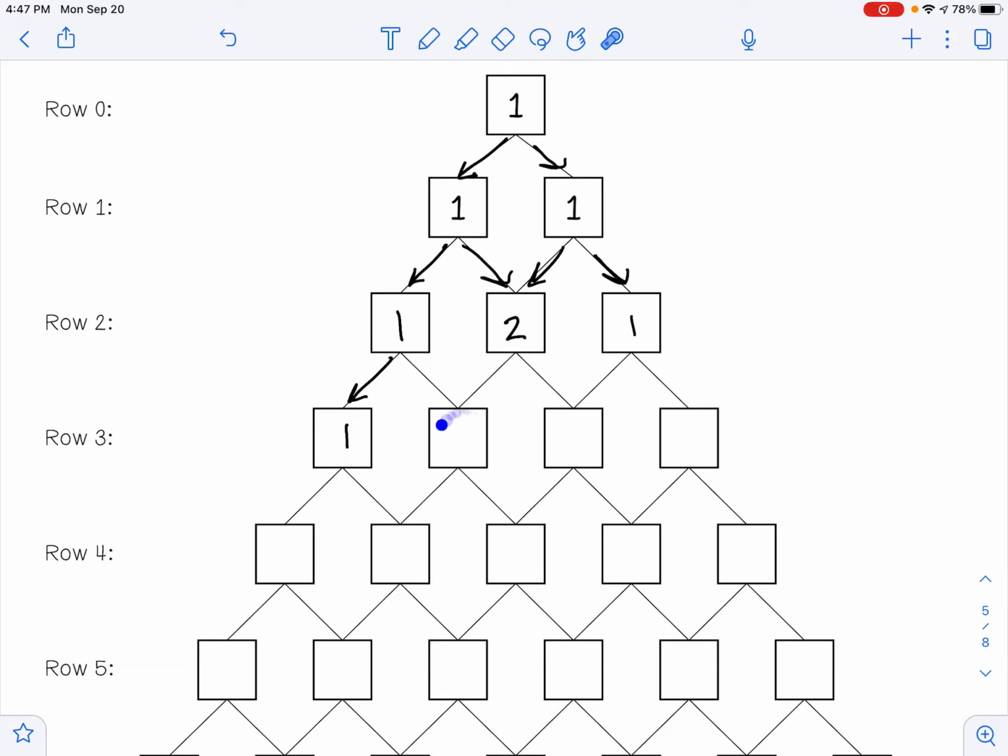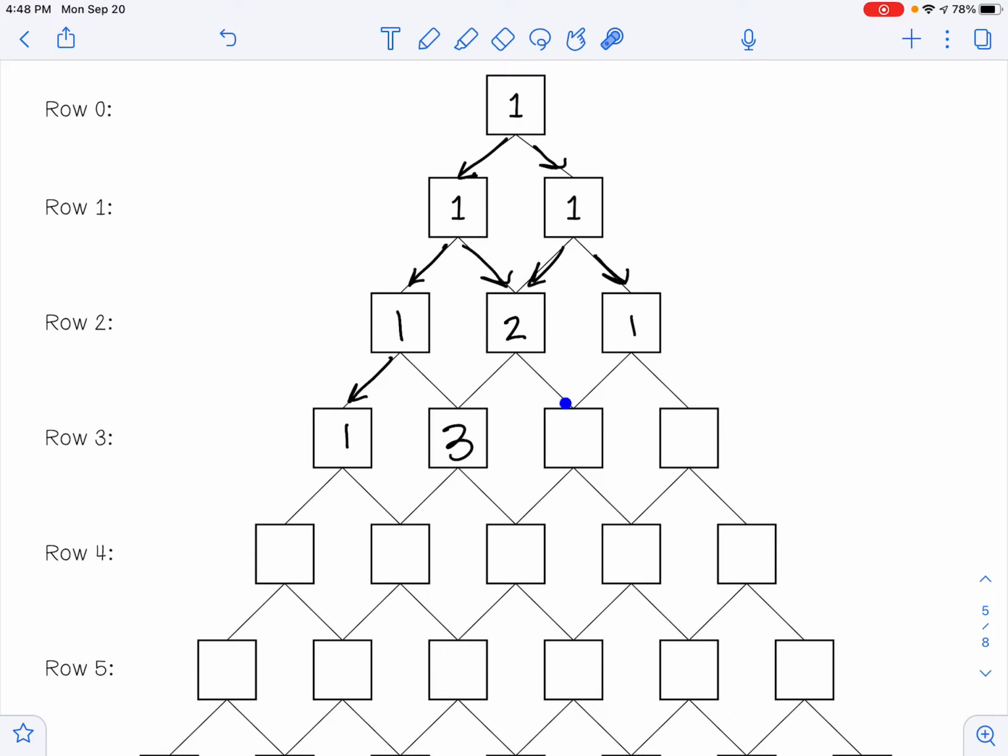But to get to this box right here, there are 3 ways that I could get to this box because 1 plus 2 is 3. Let's see if we can find those ways. So we could go this way. We could go this way. Or we could go this way. So 3 different ways to get to this box.